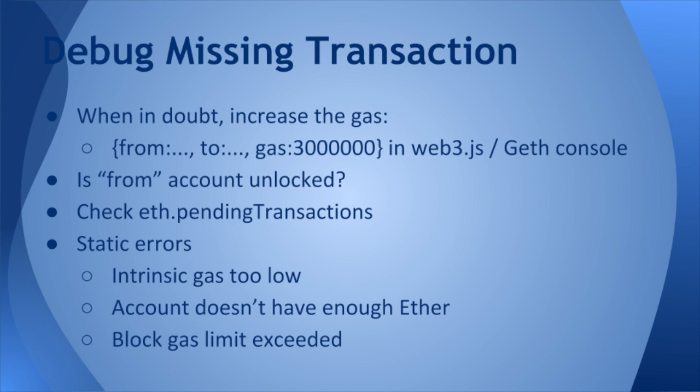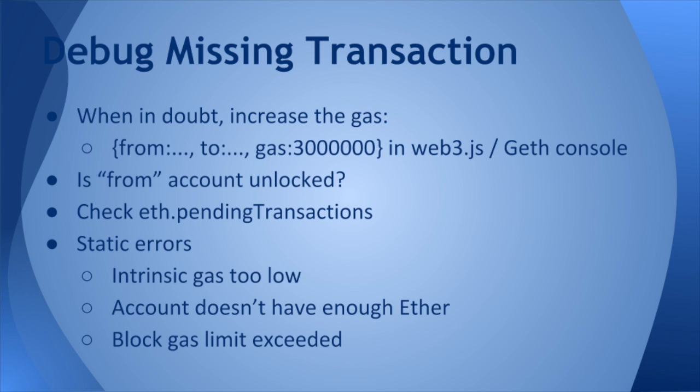Here's a note, just three more slides or so. Here's a quick note for developers who are debugging missing transactions. Especially in development, I think it's a pretty reasonable rule that when you're in doubt, just increase the gas. Sometimes you're trying to see why something isn't happening, and it's usually because of out of gas, so just increase the gas.